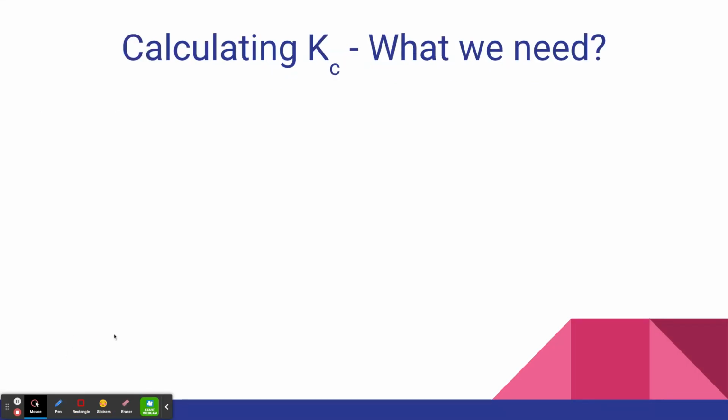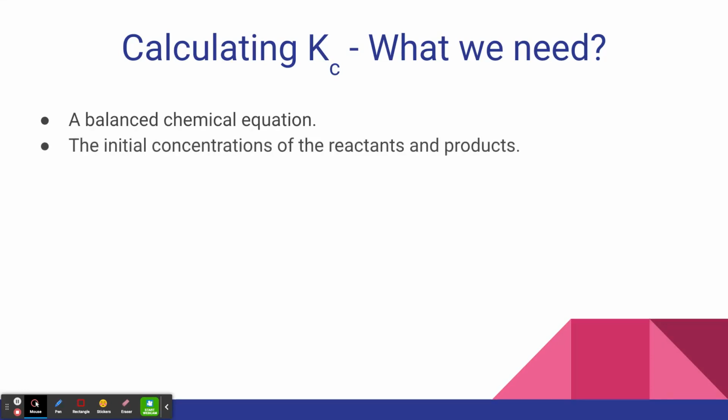So in order to calculate Kc, we need a couple things. The first thing we need is a balanced chemical equation. Once we have a balanced chemical equation, guys, that will set us up for writing, of course, the equilibrium constant expression. From there, we need to know the initial concentrations of our reactants and products.